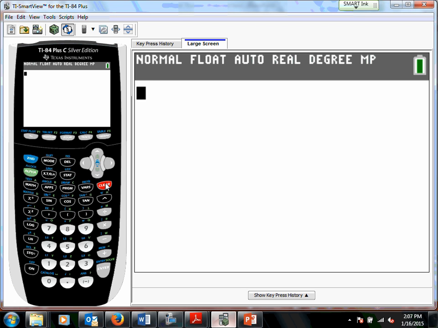Do you remember how to take a derivative using your calculator? No. Math 8 is your derivative. You guys don't know how to take a derivative on your calculator?